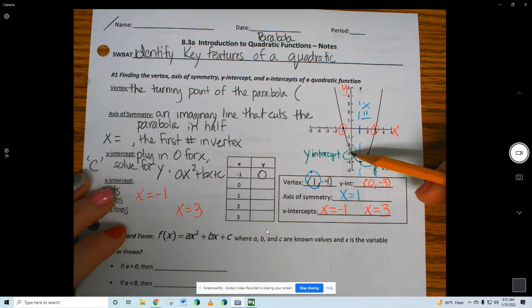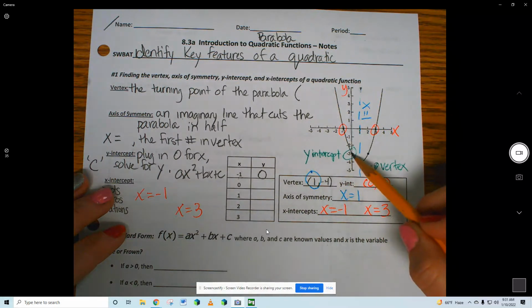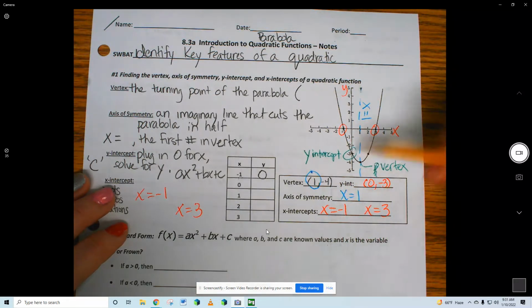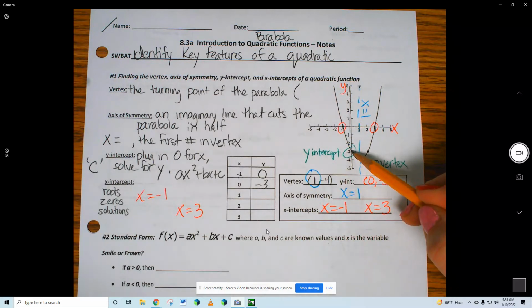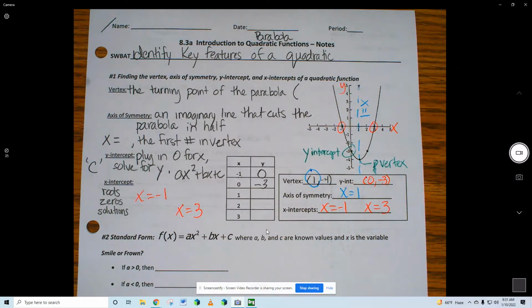When x is at 0, this is the 0 line. Where's my parabola? It's lower. Right here. When x is 0, comma what? Oh, (0, -3). When my x is at 1, where's my dot? Oh, it's down here. What's that? -4.